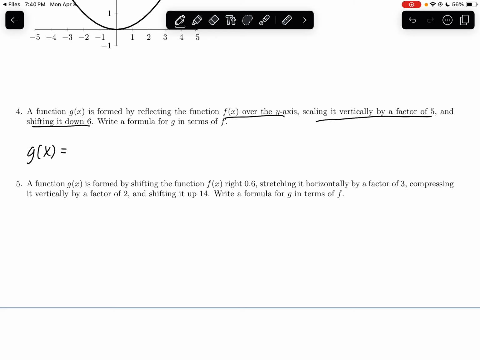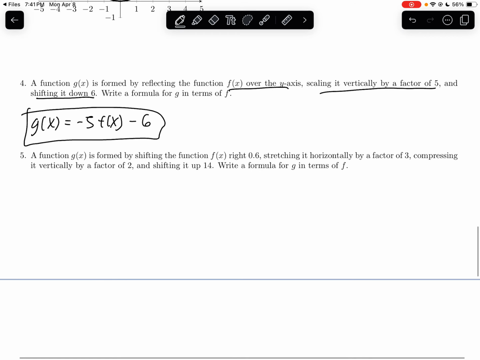A reflection multiplies the outputs by -1, and you're also scaling it by a factor of 5, and that goes in the front. So you're really doing -5 times f of x. The negative is because of the reflection, the 5 is because you're scaling it vertically. Then you're shifting it down by 6, so you subtract 6 from the end, and this is your function in terms of f.